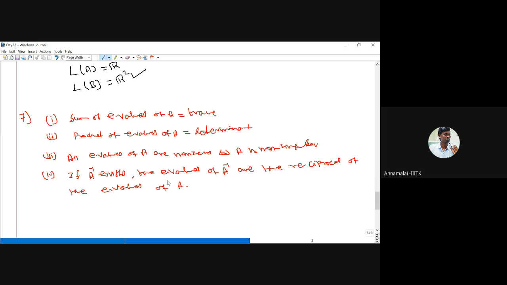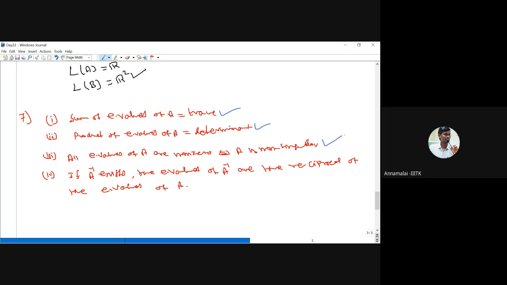So clearly everything is true. First one is true because the sum of the eigenvalues is nothing but the trace of the matrix. The product of the eigenvalues is nothing but the determinant of the matrix. If all the eigenvalues are non-zero, then the product of the eigenvalues, which is the determinant, is non-zero. Therefore, A is non-singular or invertible.